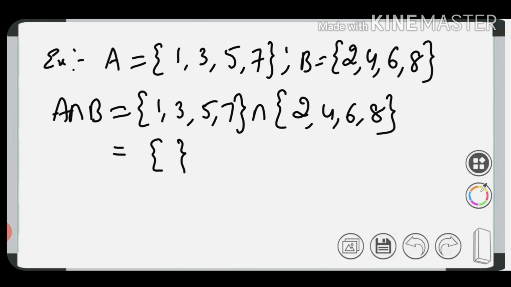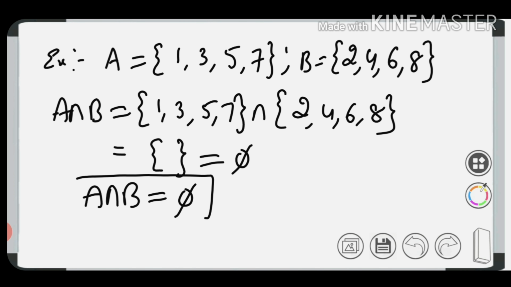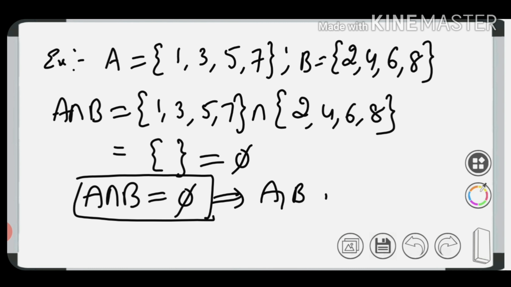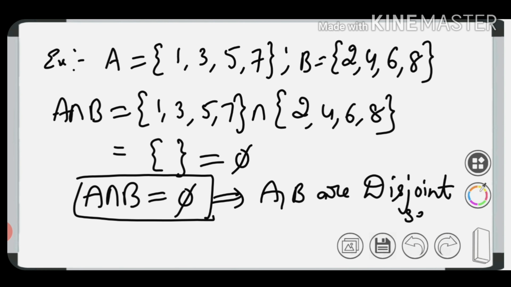That means we have to write the empty set. So here A intersection B is equal to phi. So that means A, B are disjoint sets. Like this you can do the problem.